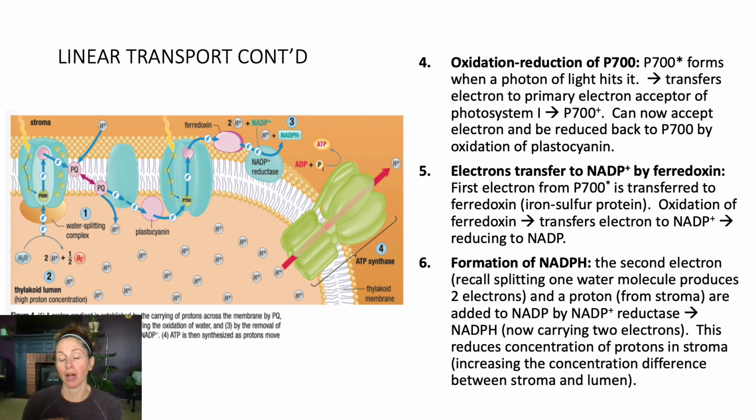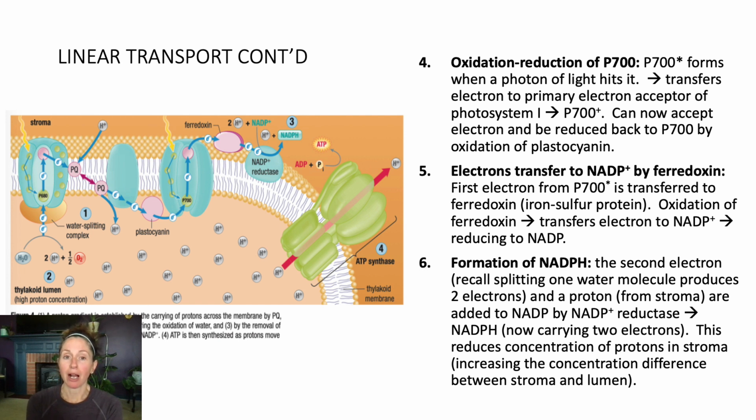We then have another double photon usage, where for each electron transferred from plastocyanin to photosystem 1, we need another activation from a photon of light to energize P700 to become P700 star.